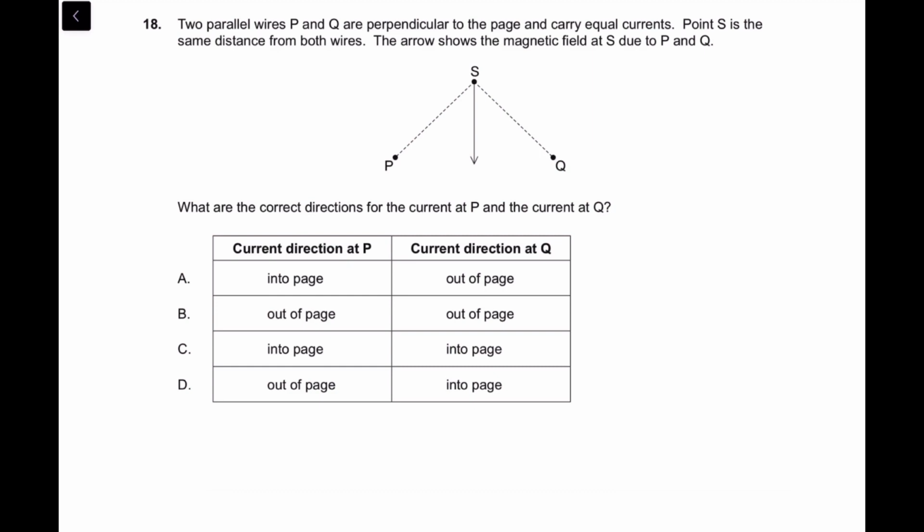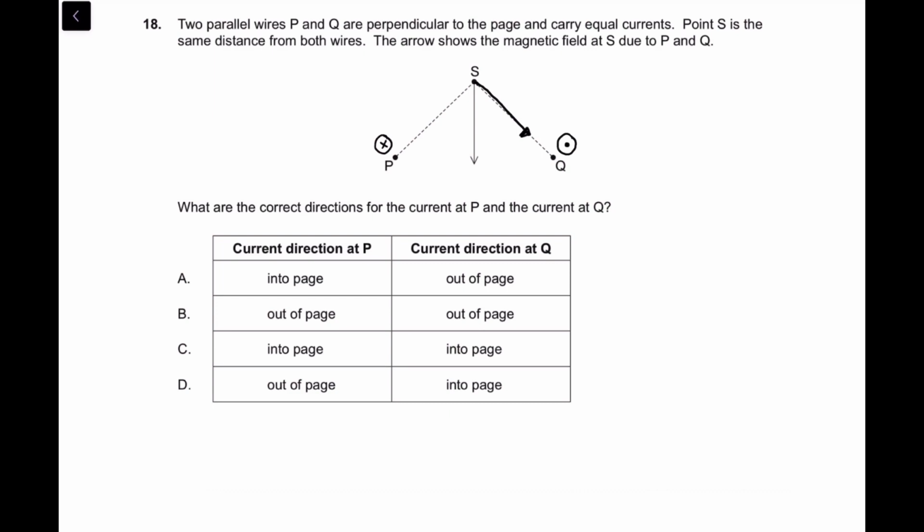If the direction of current in P is inward, what will happen? Put your thumb in the inward direction of the paper and rotate the other four fingers. You get the magnetic field at S in this direction. Suppose you take the current direction in Q to be outward.